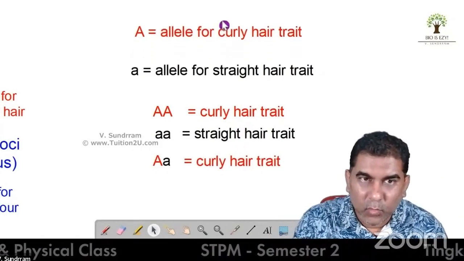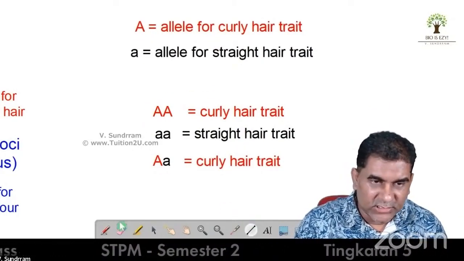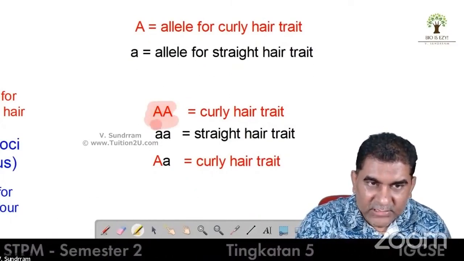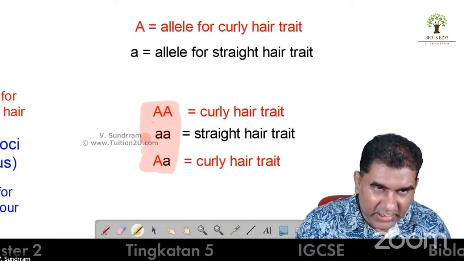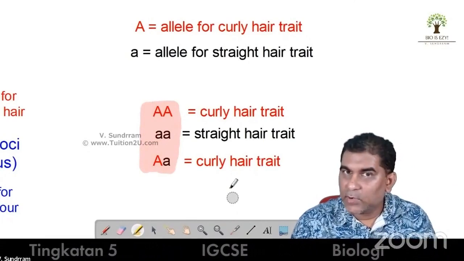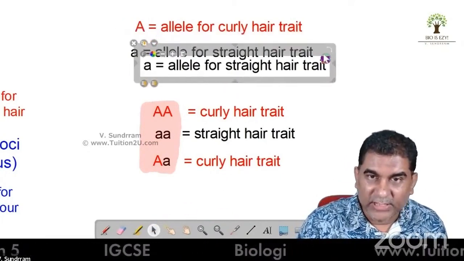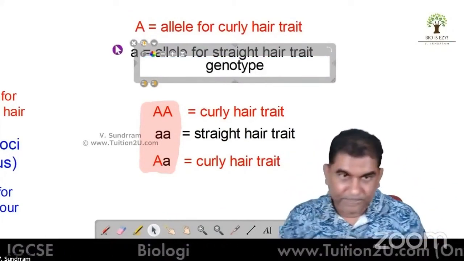Now, all of these that you're seeing on this side, the ones I'm coloring in red, capital A capital A, capital A small a, small a small a, all of these are known as the genotype.